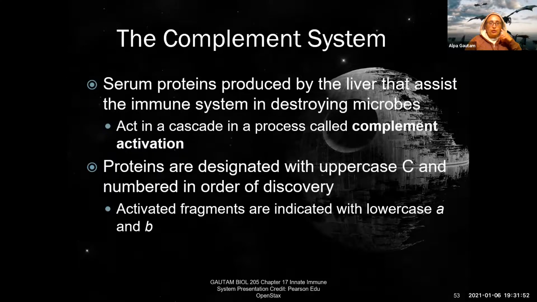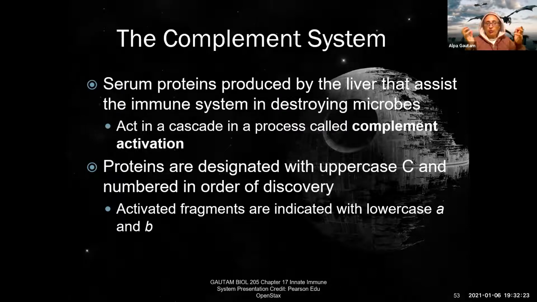Before we move into the complement system, let me move this out of the way. The complement system consists of a group of about 30 or 40 proteins called complement proteins.